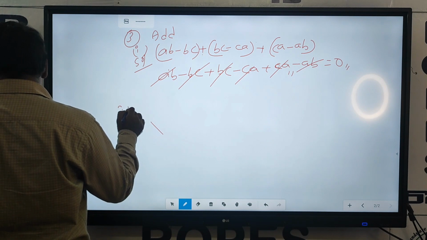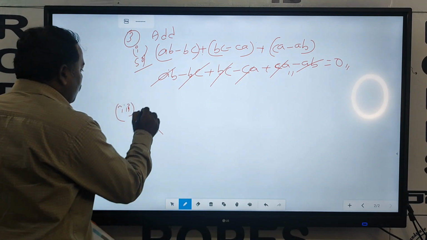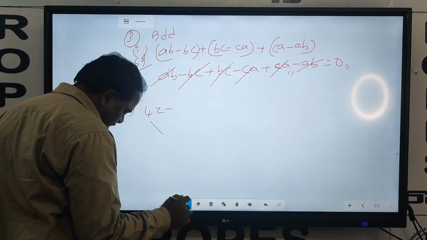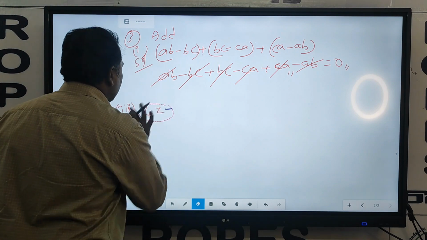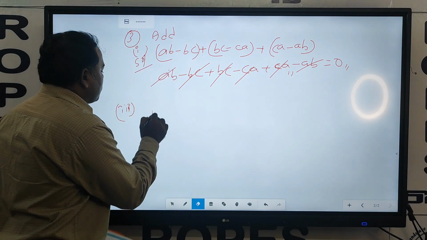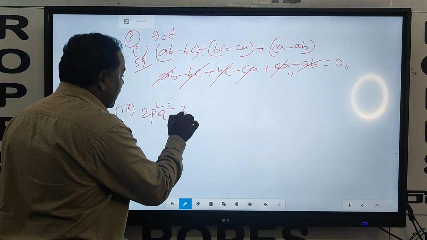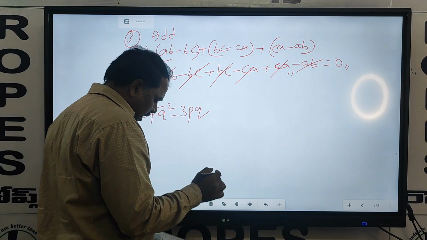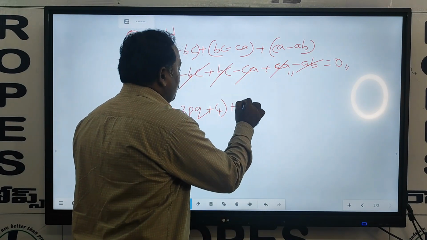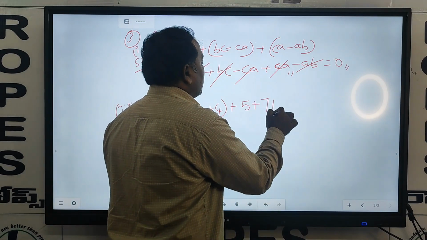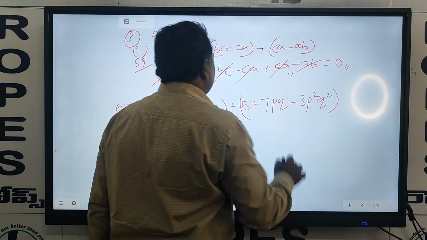Now see here, third one we'll see here, 2p square q square minus 3pq plus 4, plus 5 plus 7pq minus 3p square q square. So we are adding this one.